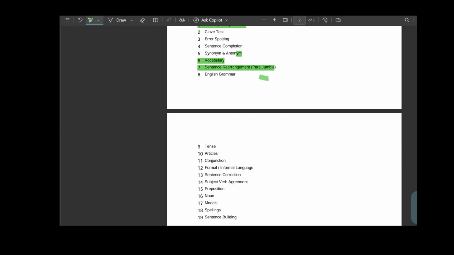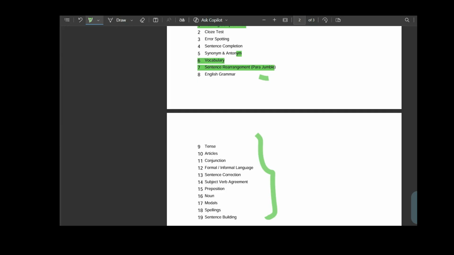The section also includes questions related to sentence rearrangement, vocabulary usage, and core grammar topics such as tenses, articles, conjunctions, prepositions, nouns, and modals.